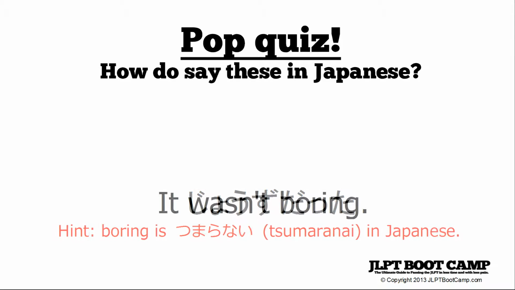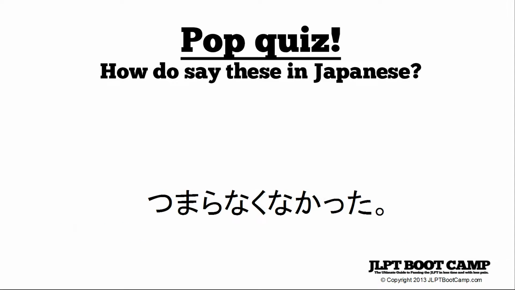Two more. This sentence, it wasn't boring. Quick hint, boring is tsumaranai in Japanese. Thumbs up, you would say tsumaranaku nakatta, which is a mouthful. But basically, you're cutting off the i from the i adjective tsumaranai.